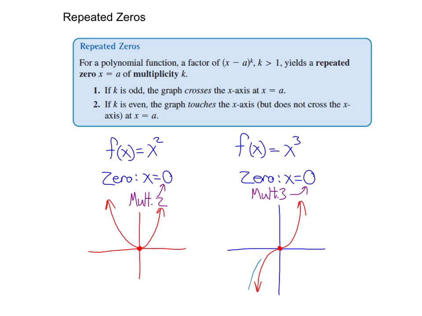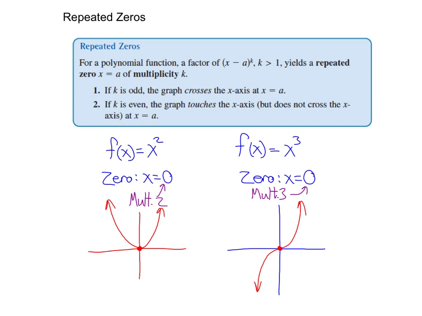A fifth root might look like this, if it had a multiplicity of 5. If it had a multiplicity of like 9, it would level off even more. We'd be really, really close for quite a while. But no matter how high it is, if it's odd, it's going to go through the x-axis.